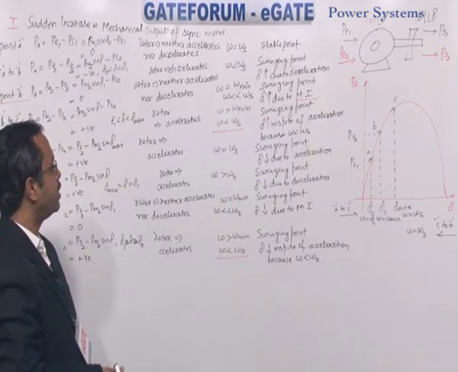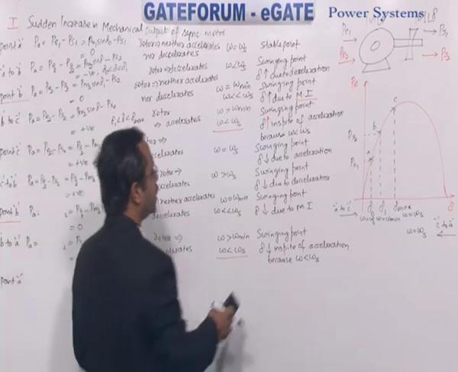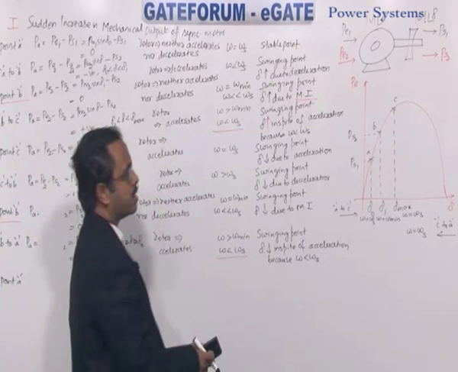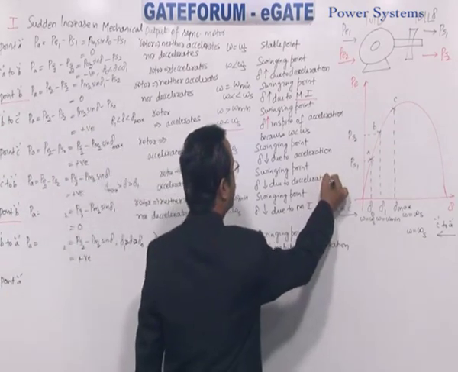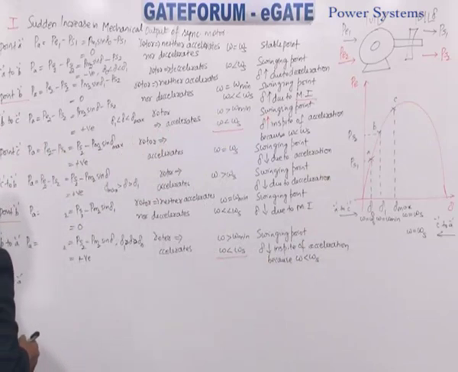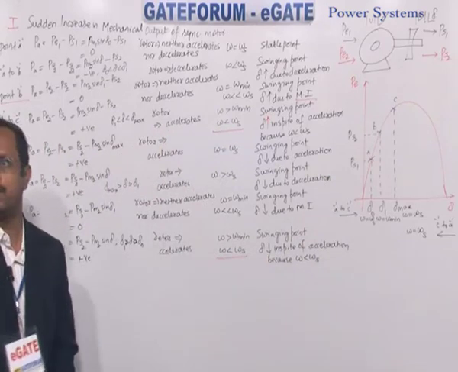Again delta decreases due to acceleration.